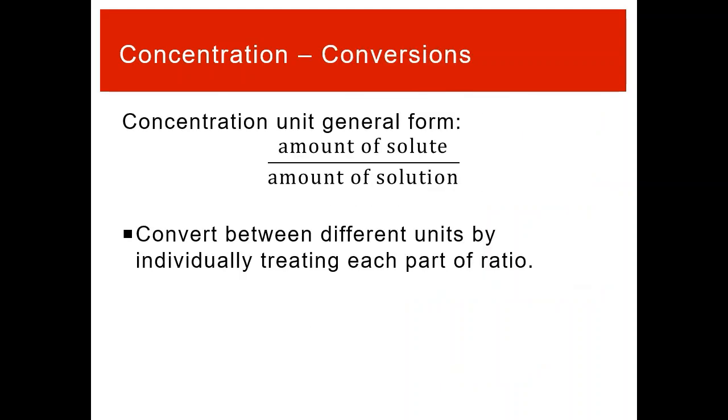So the thing is, all of these concentration units always have the same general form. Amount of solute, usually over amount of solution. There's some variability on the bottom there. And so they all have the same general form, which means if you are describing a particular solution using one of those units, you can also use any other concentration to describe that same solution, because they all have the same relative types of information, amount of solute per amount of solution.